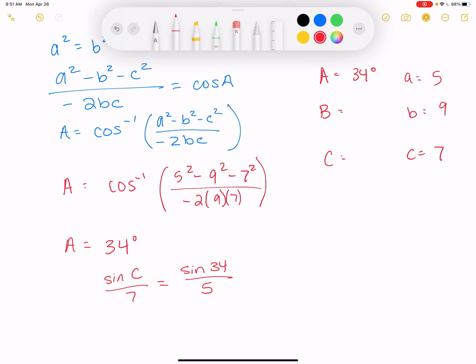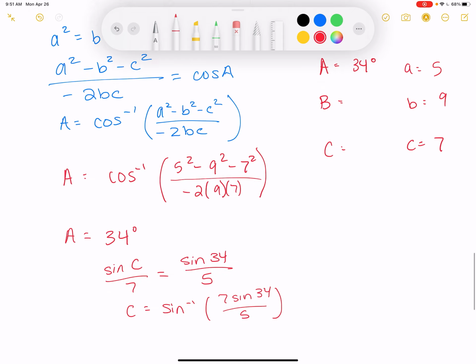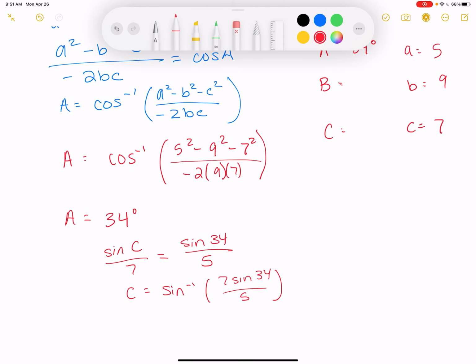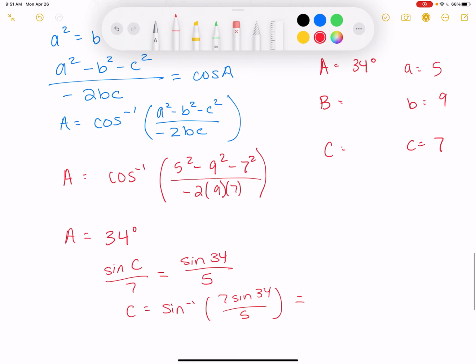So C equals the inverse sine of 7 sine of 34 over 5. 52 degrees. Oh, that worked out nicely.